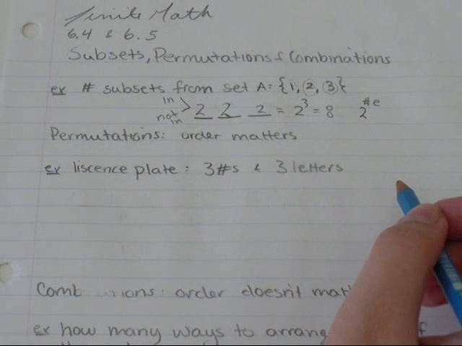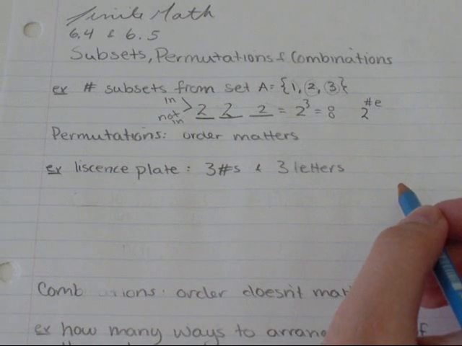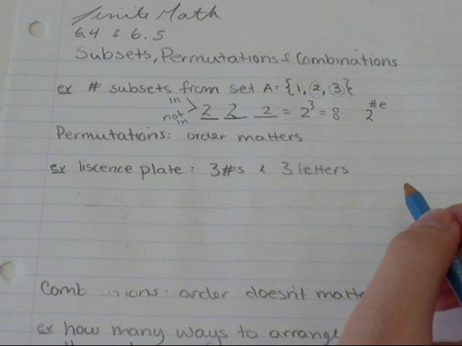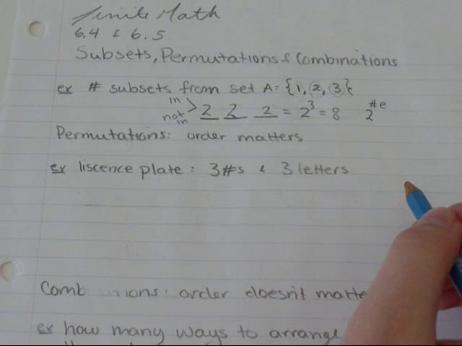So, for example, if you're thinking about a telephone number, the order the numbers are in really matters because if your local extension is 1, 2, 3, 4, that's not the same as your local extension being 4, 3, 2, 1. You're calling a different number.